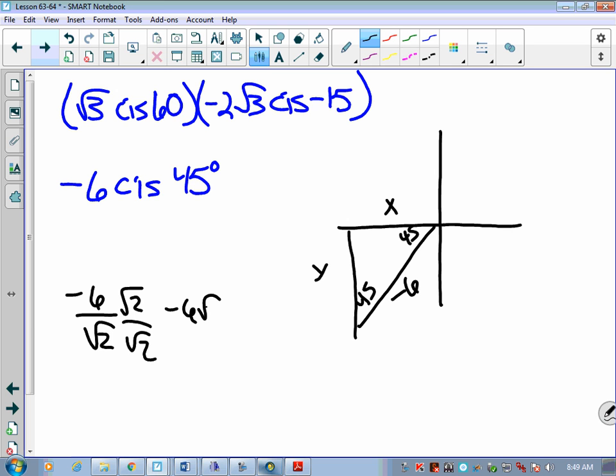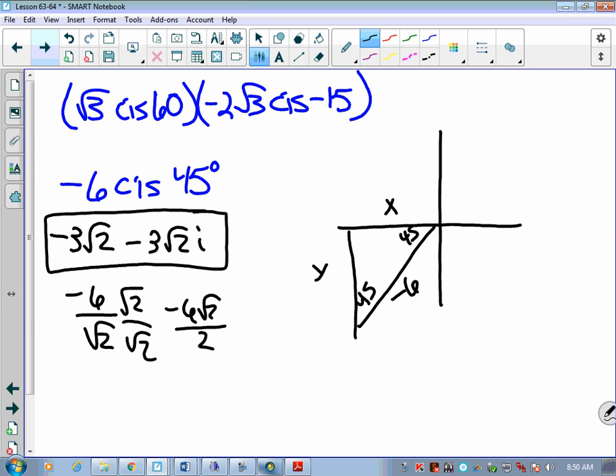I'd get negative 6 radical 2 divided by 2, which is going to come out to what? Negative 3 radical 2. And because I am left and down, and because it's 45, 45, 90, they have the same lengths, right? So I'm actually at negative 3 radical 2 minus 3 radical 2 i. That's my answer.